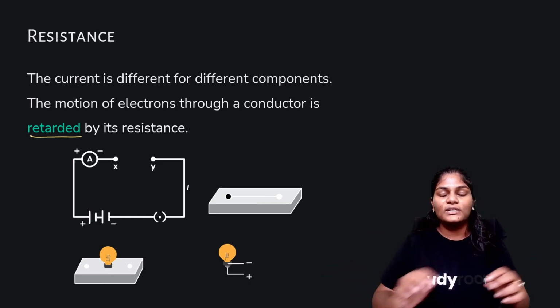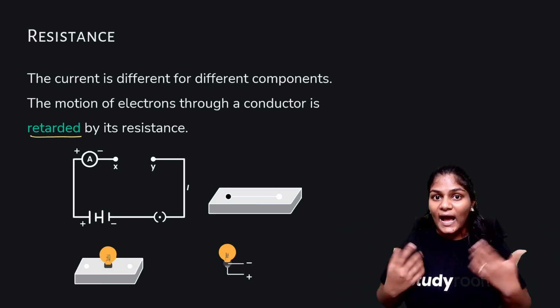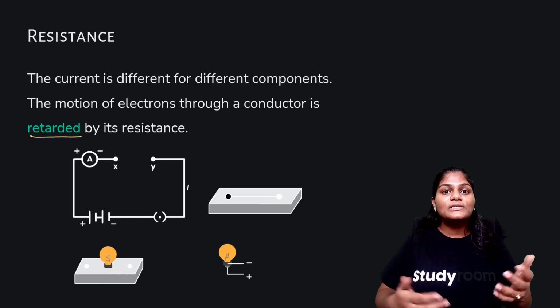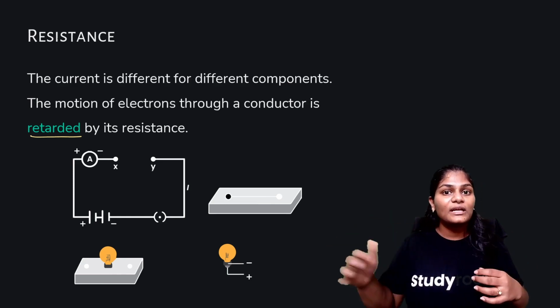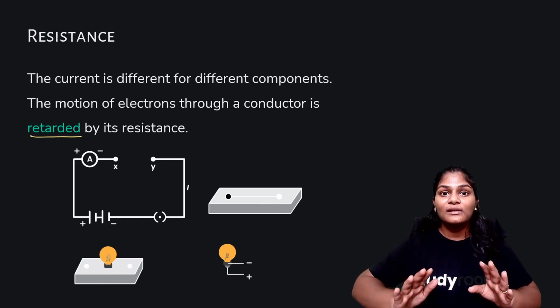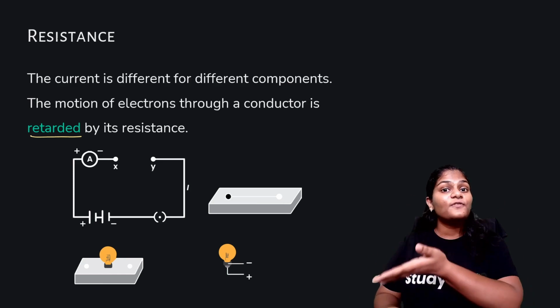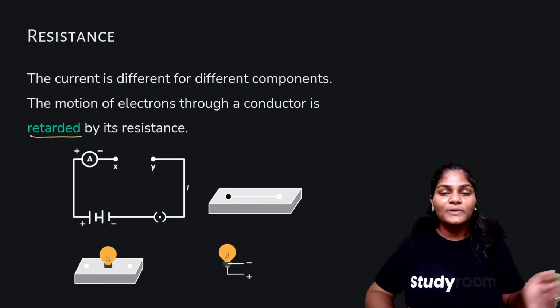So say you have a copper wire and you have a nickel wire. If the current is finding it much easier to flow through the copper wire than the nickel wire, that means the nickel wire has more resistance. That means the nickel wire is resisting the flow of current, right? And if current flows easily through the copper wire, what does that mean?